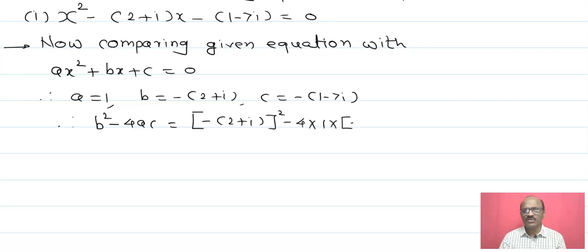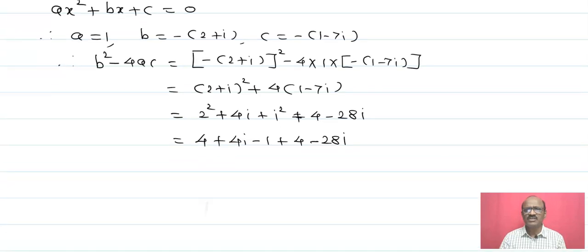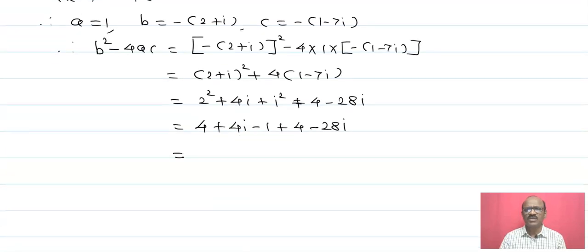Now here, first of all, we will find the value of b square minus 4ac. The b is minus, therefore I have written the square bracket: (minus (2 plus i)) whole square minus 4 into 1 into (minus (1 minus 7i)). Now that is a square, therefore minus minus becomes plus. It is (2 plus i) square plus 4 (1 minus 7i).